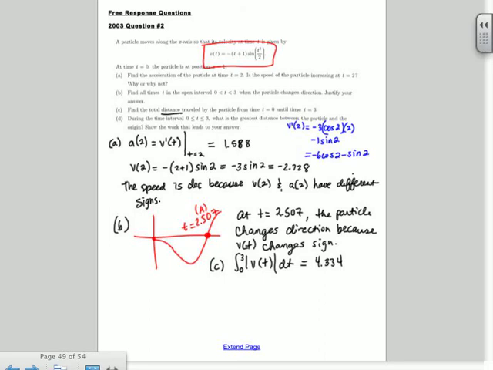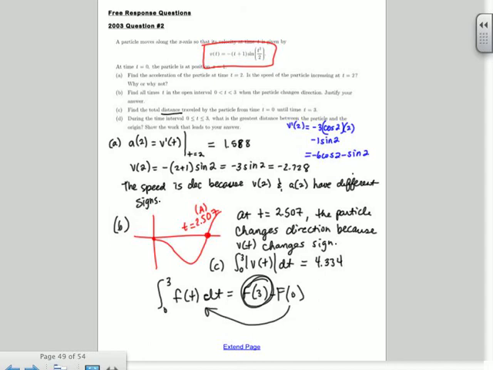So what you're really doing is, if you had from 0 to 3 of some kind of function, this would be f of 3 minus f of 0, right? So if you wanted to find f of 3, your position at 3, you add on f of 0 to the other side.